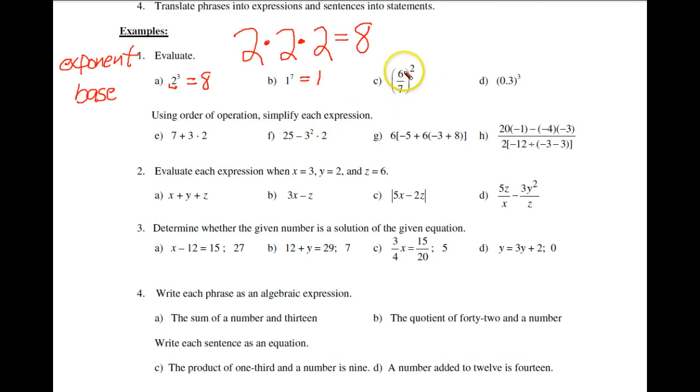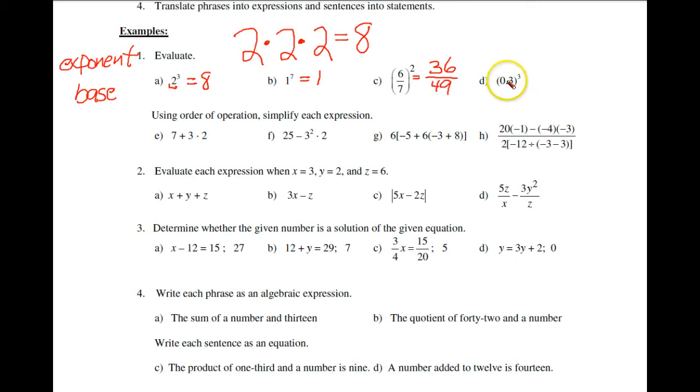Now, here they're showing a fraction that's raised to the 2nd power. So it will end up as a fraction. 6 times 6 is 36. 7 times 7, 49.